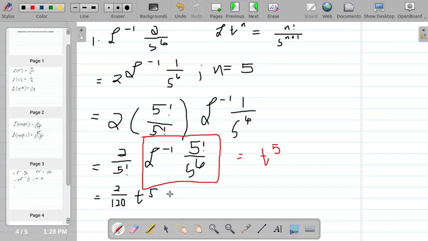We can also simplify the equation to 1 over 60 times t raised to the power of 5, or t raised to the power of 5 over 60.